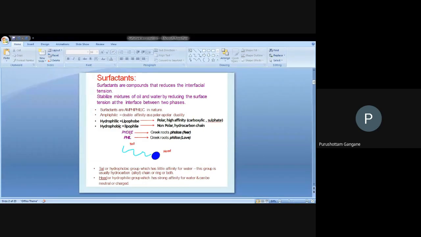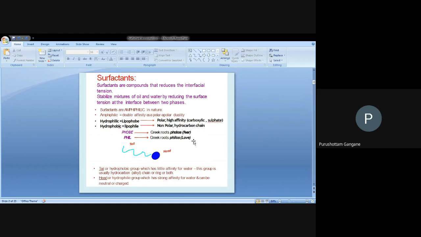And you know this word from Greek terminology: phobos means fear. Phobia, you know that phobia means fear. And phil means love. So water loving or water hating, this terminology is also sometimes used. Water loving is used for hydrophilic, and lipid loving or oil loving is used for hydrophobic, or water hating for the hydrophobic.